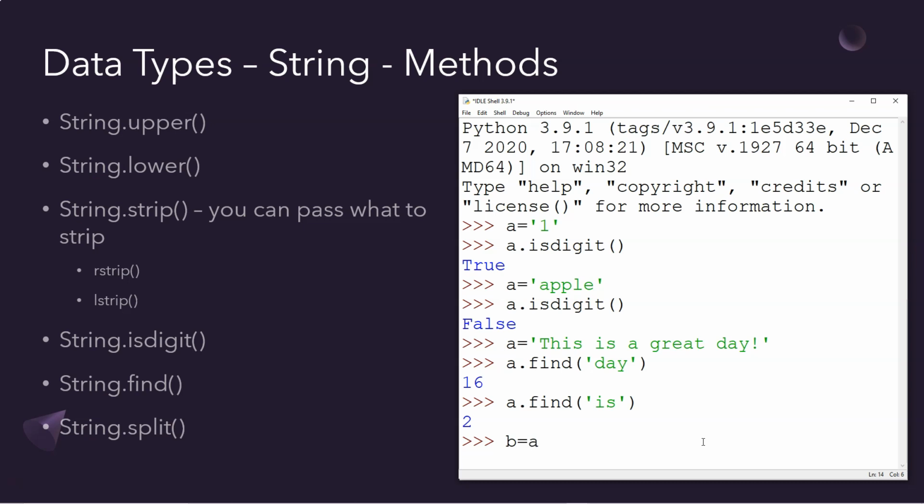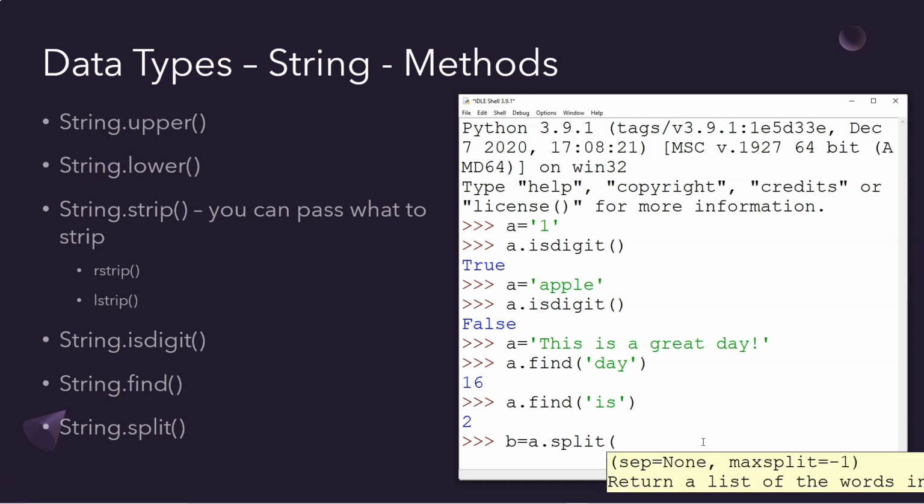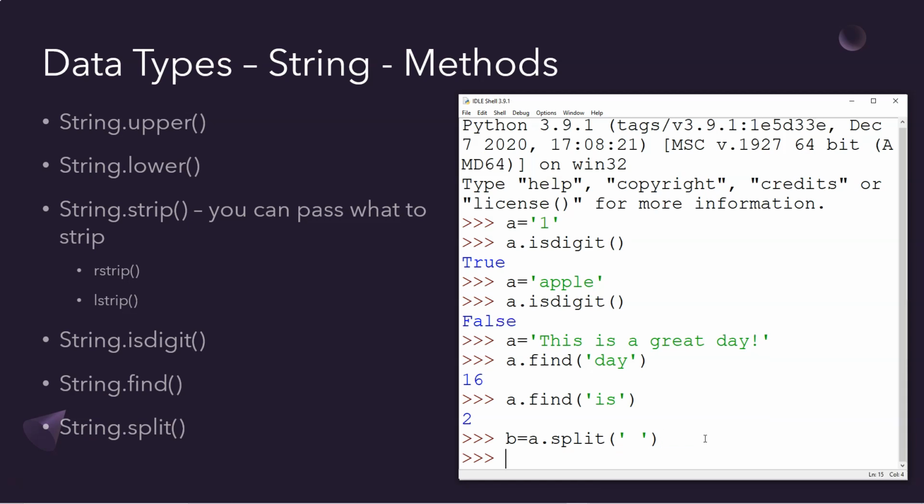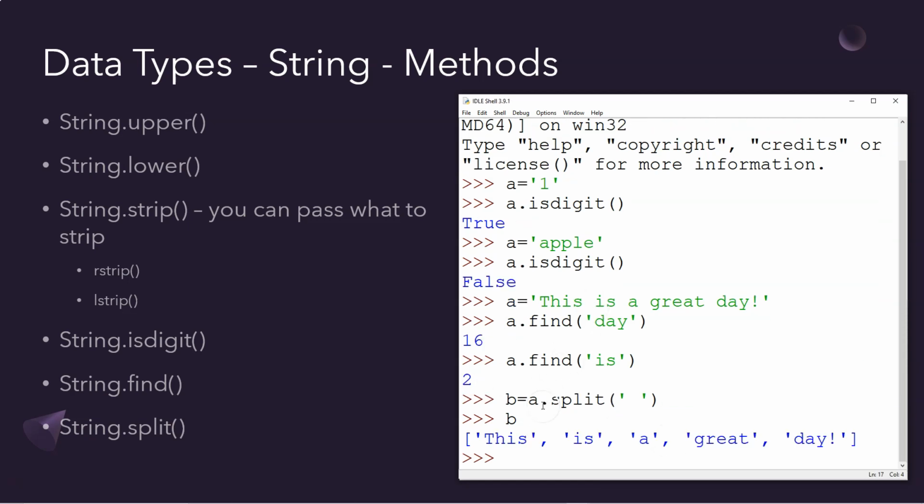So I will say b equal to a dot split, and here I tell it based on what we want to split. I'm going to pass a space. If I print b, it gives me a list of 5 words which was split from this line based upon the spaces. Wherever a space is there, it has split it. So this is the split function.